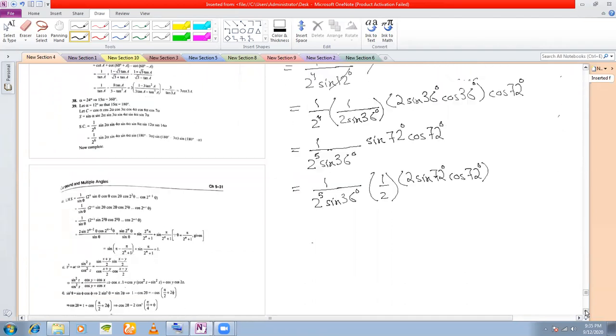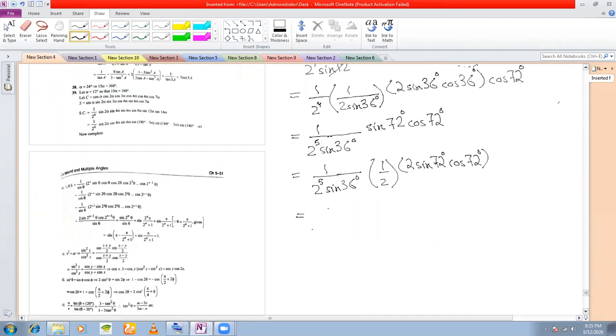So this becomes 1/2 to the power of 6 sin 36° sin 144°. Now 144 can also be written as 2 into 90 minus 36°.